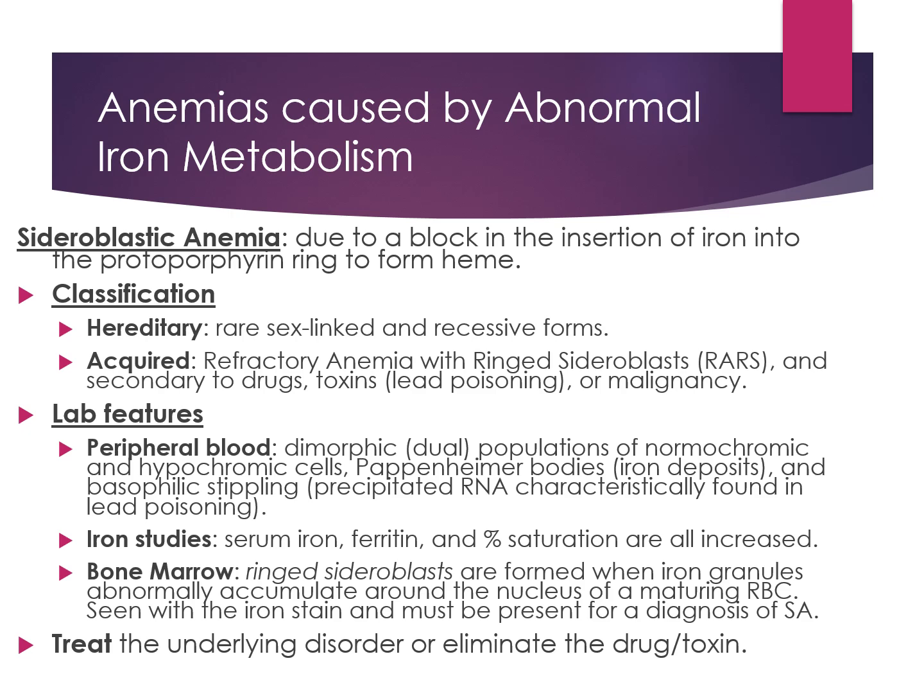Lab features. In our peripheral blood, we are going to see dimorphic or dual populations of normochromic cells, so our MCHC is going to be normal. But also we are going to see populations of hypochromic cells. So we're going to have some cells with a normal MCHC and some cells with a decreased MCHC.